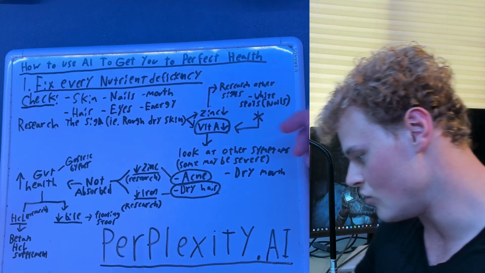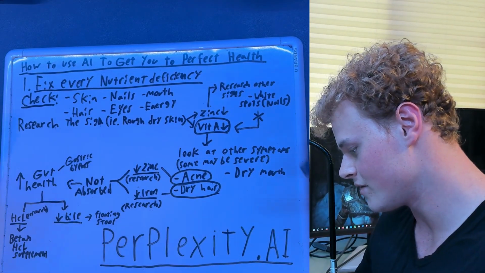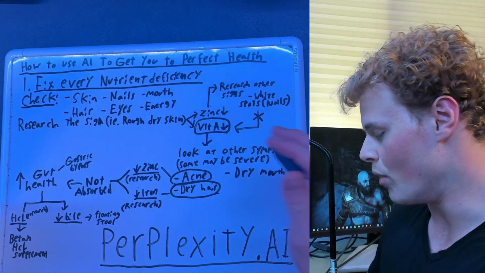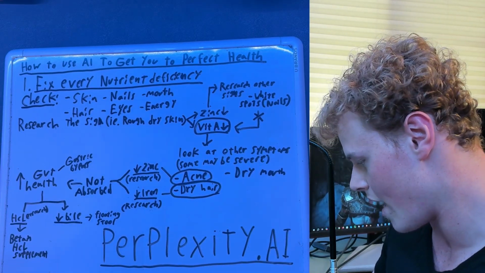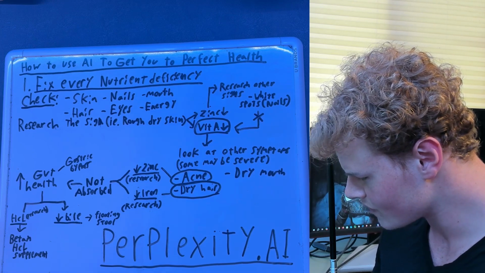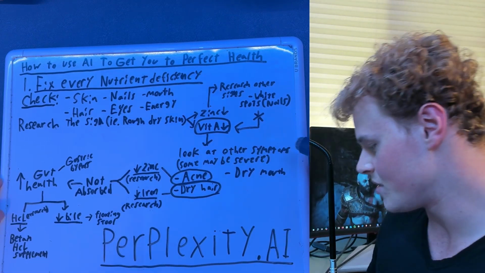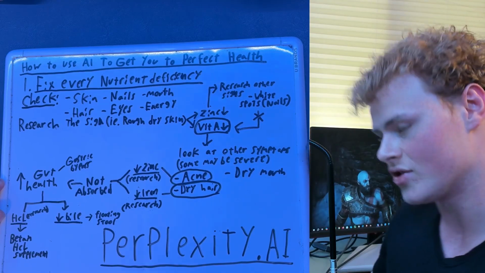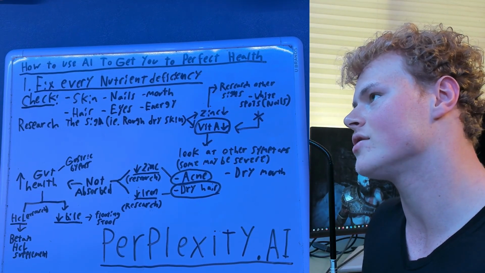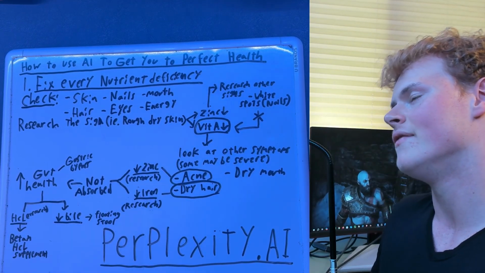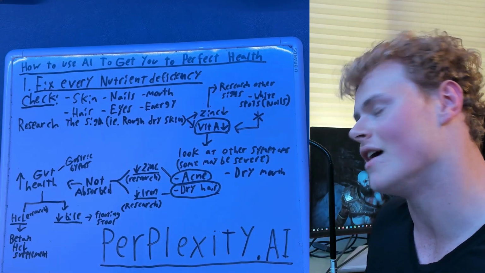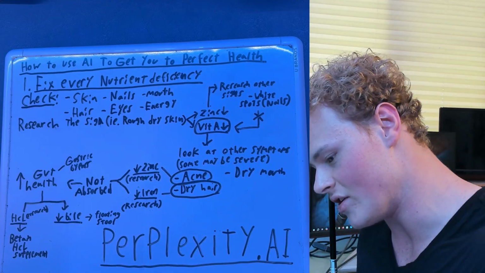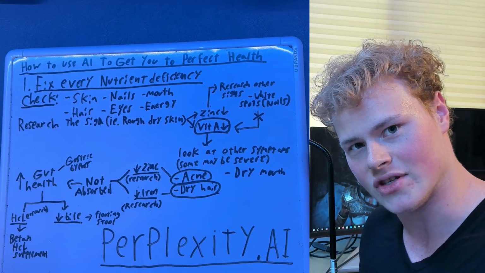Or, let's say you do have those white dots on your fingernails and you have signs of a vitamin A deficiency. That means both of those nutrients need to be more optimized. Look at the other symptoms of vitamin A. Some may be more severe than others. So when you look at another symptom that it lists and say, oh, I don't have that, that could be a more severe case of that nutrient's deficiency.